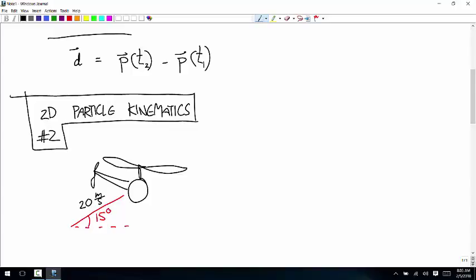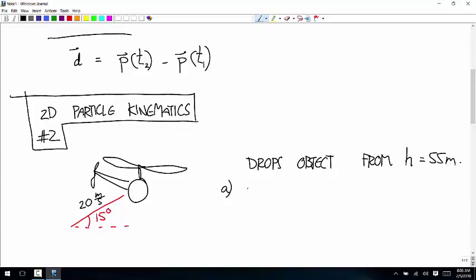And an object is dropped from a height of 55 meters. And then there's a bunch of questions.